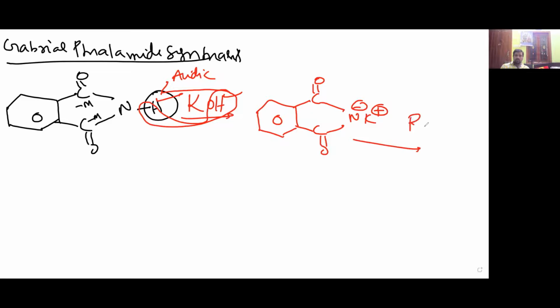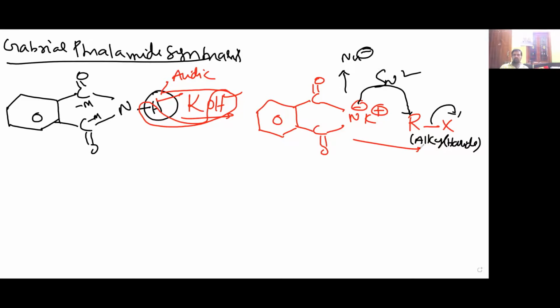Just remember, this is treated with a normal alkyl halide. What reaction is it? This is called a nucleophilic substitution. This is a normal alkyl halide. N minus attacks, X minus is leaving.